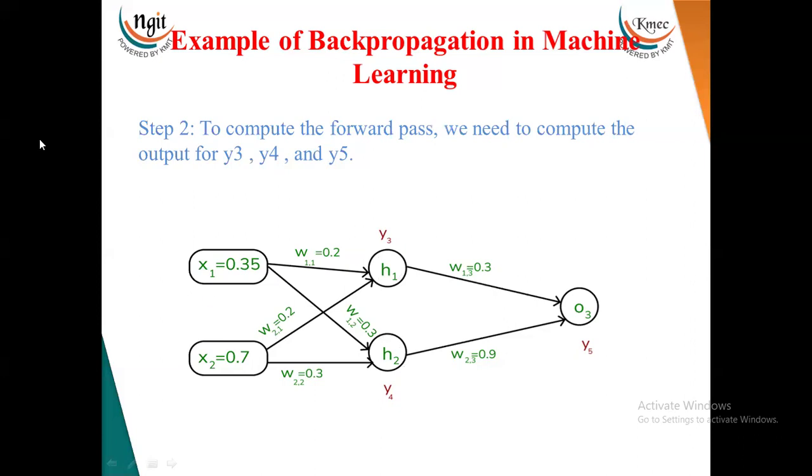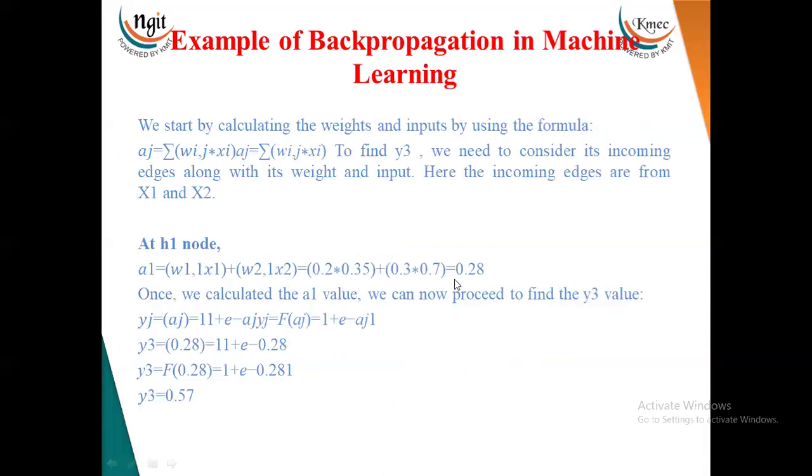What are the two arrows I'm getting over here? This particular arrow and this particular arrow. How to calculate the summation of these two values? So 0.35 into 0.2 plus 0.7 into 0.2. That will be your y3. This is what we have calculated as Aj, that is A1, because I'll have multiple values, so the first one I'm representing as A1. So I get 0.28.